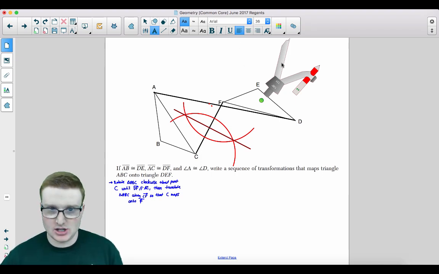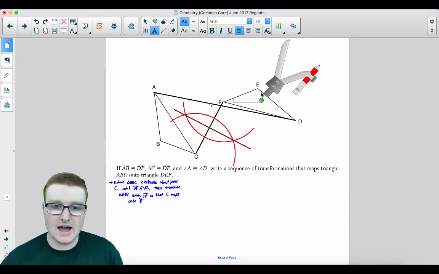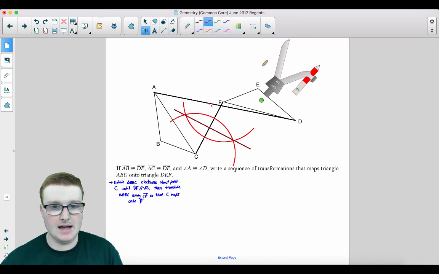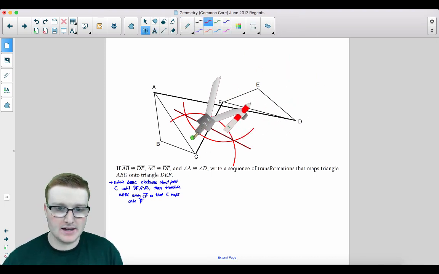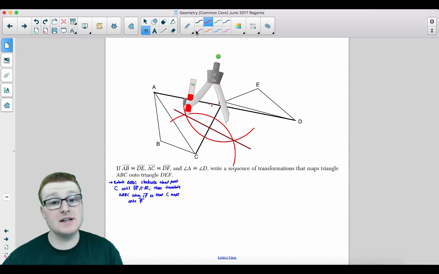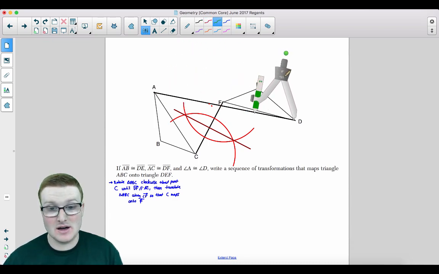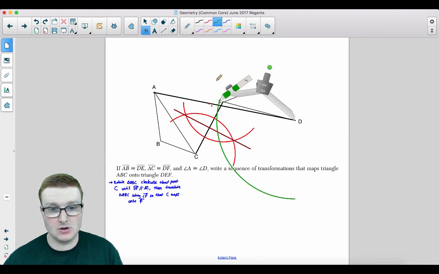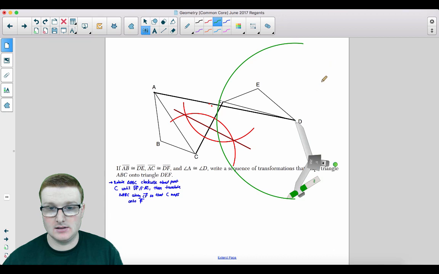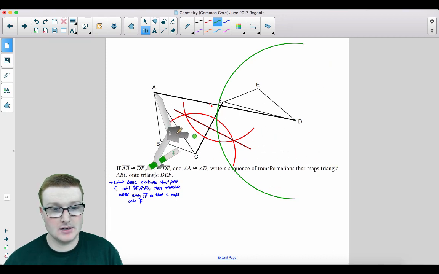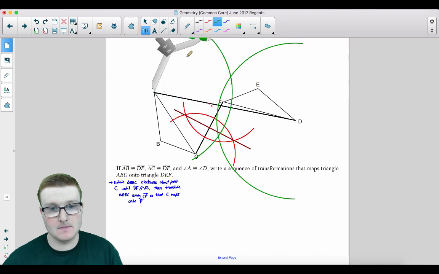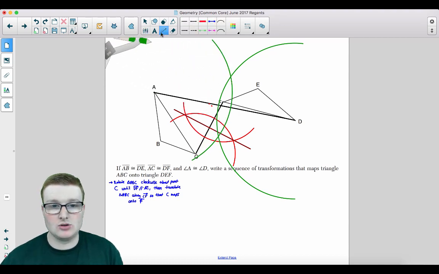Then after that, you are then going to reflect over the perpendicular bisector of line AD. So let me go ahead and draw that perpendicular bisector right now. So that is going to be the perpendicular bisector here. Draw a line here.